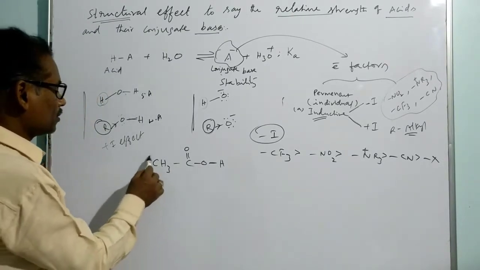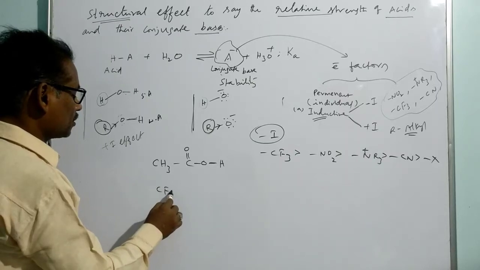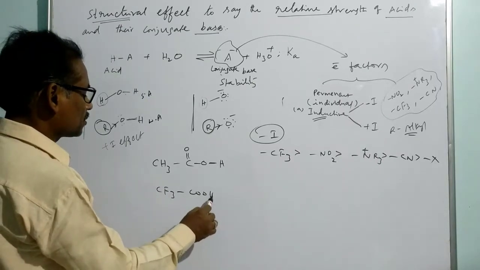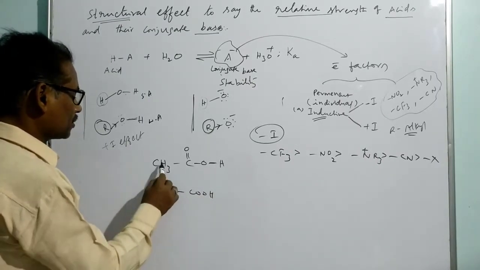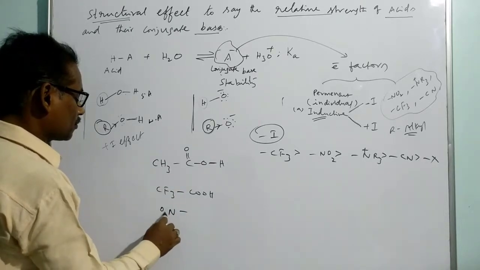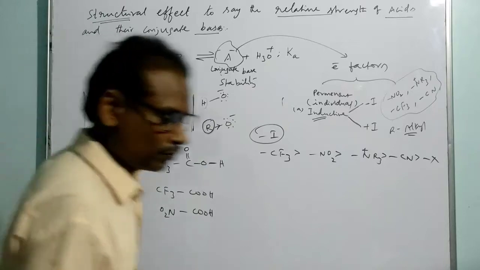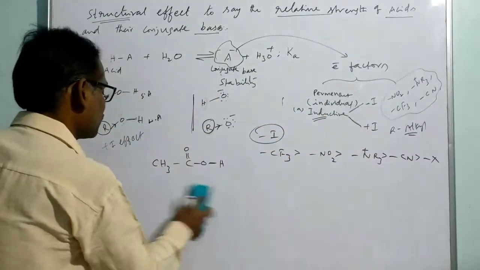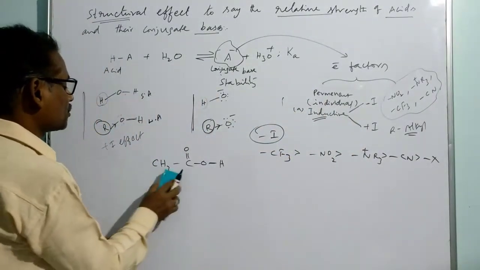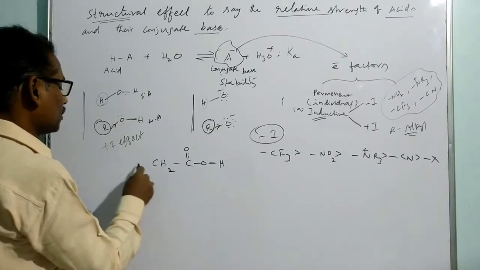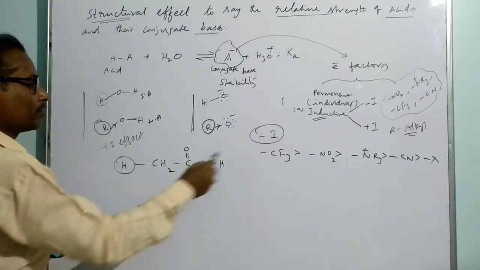For example, in this place I substituted CF3, COOH. Now let me substitute NO2 in this case. We have one of the hydrogens replaced. Compare, here this hydrogen is replaced by different groups like this.